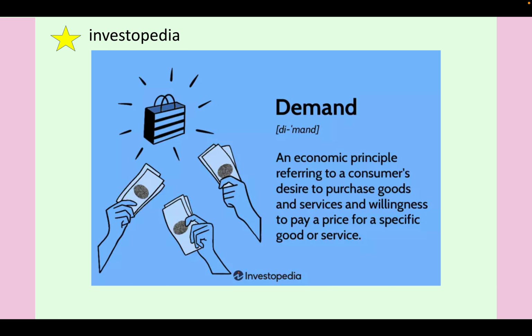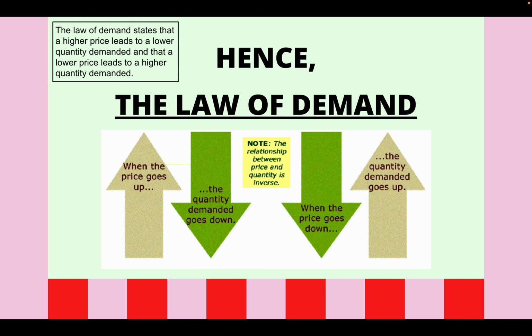The key words you should write if you're given a test that says define demand are desire or willingness, because that's the main point of it: the desire to purchase or willingness to pay.